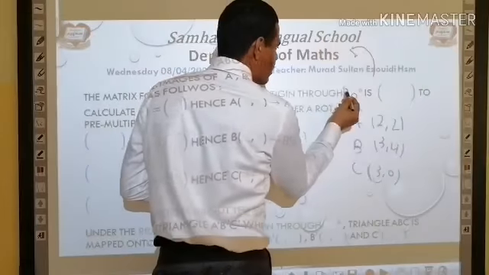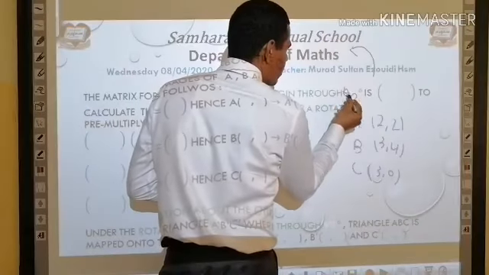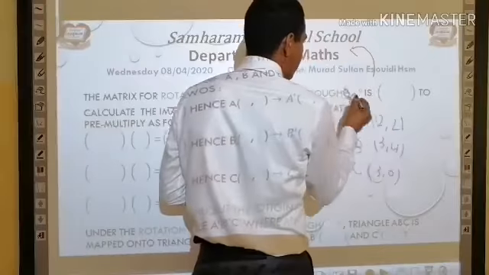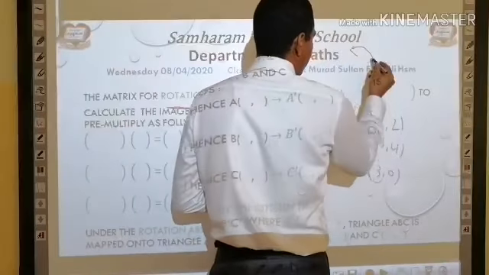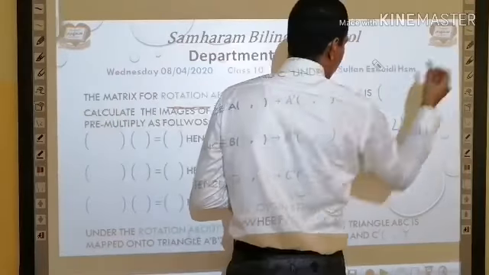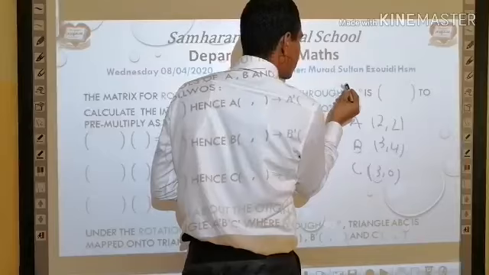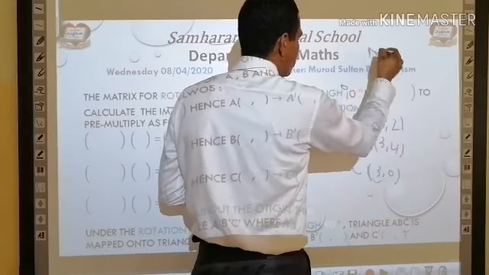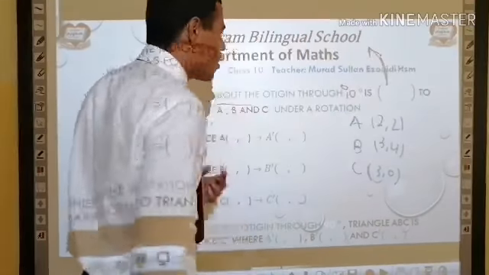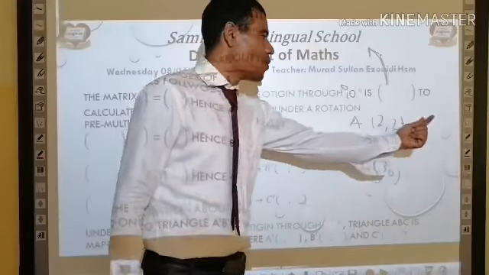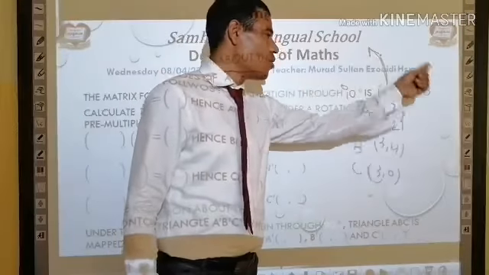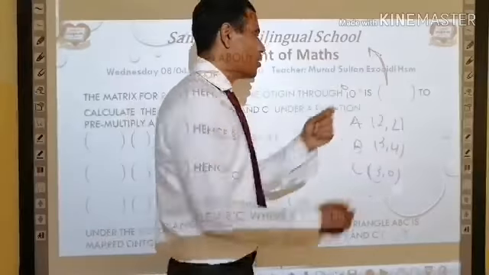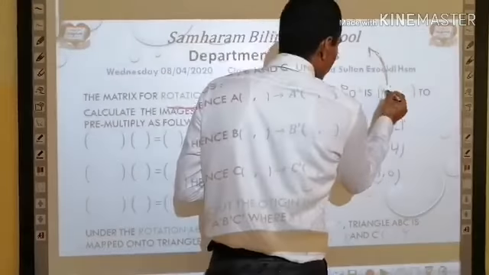This is 90 degrees, and this means counterclockwise or anti-clockwise. So first, the point of coordinates 1, 0 will be transformed to 0, 1. Good. This is 0, 1, my kids.